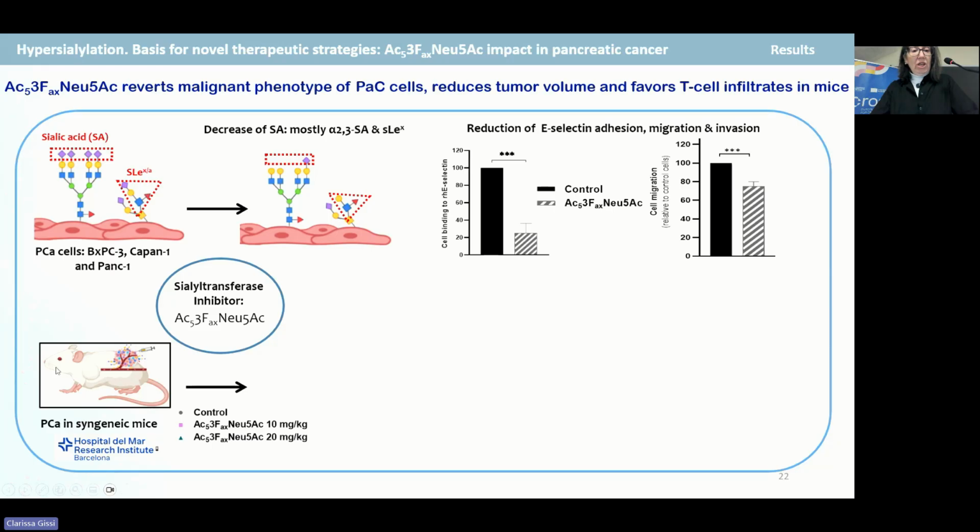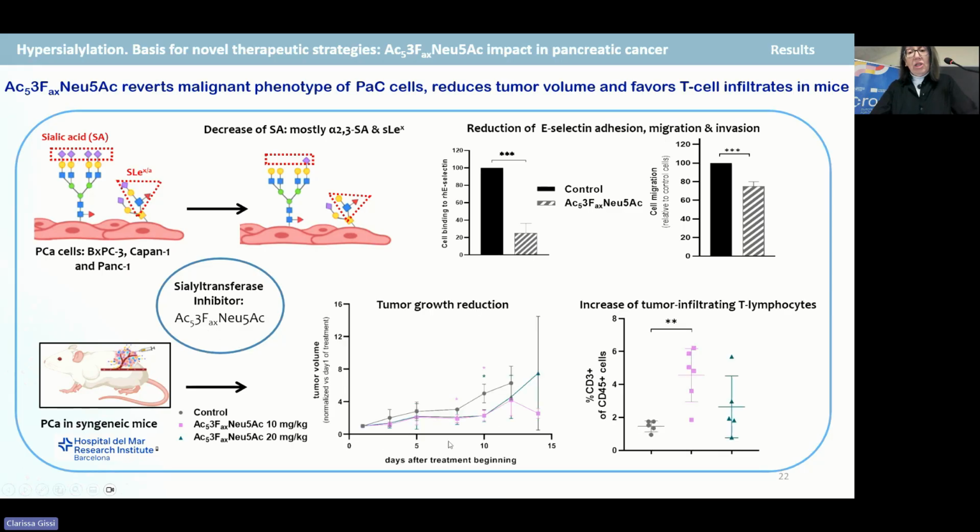Then, in collaboration with the Mar Research Institute in Barcelona, we performed in vivo assays with syngeneic mice. Here we created a mouse pancreatic tumor and treated this tumor with the sialyltransferase inhibitor. And there was a reduction in tumor growth.